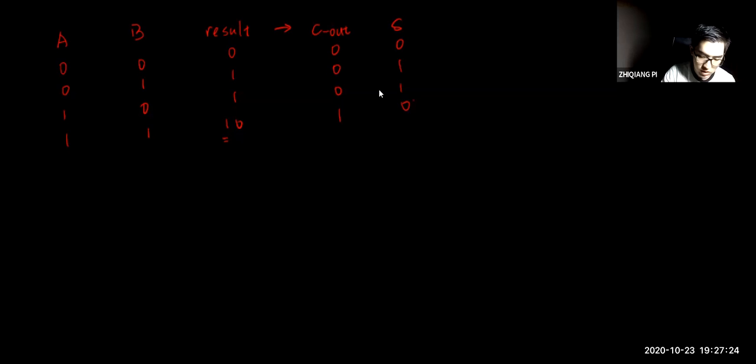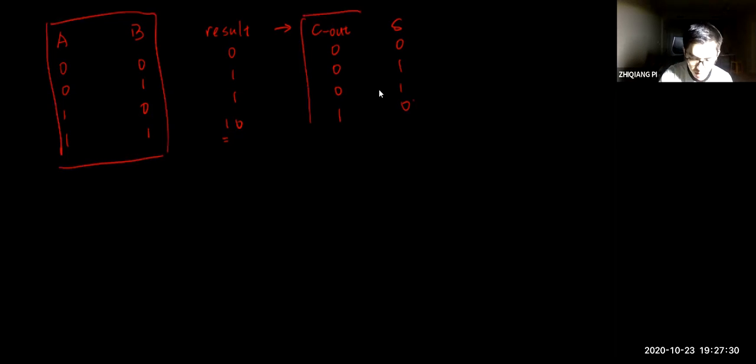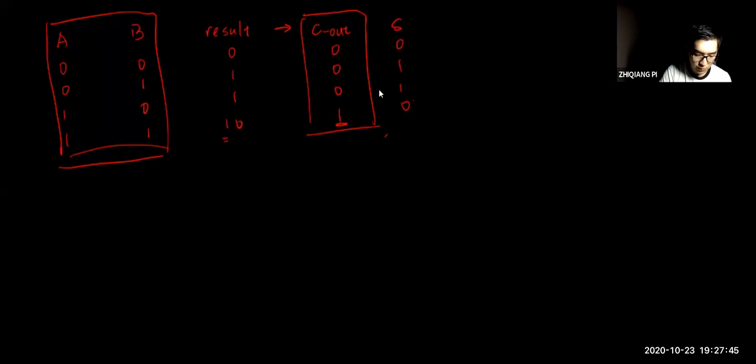If you take out the truth table and look at only these three columns, we can see that C out is 1 only when both A and B are 1. And that is a characteristic of an AND gate. So we get from A and B to C out using an AND gate.